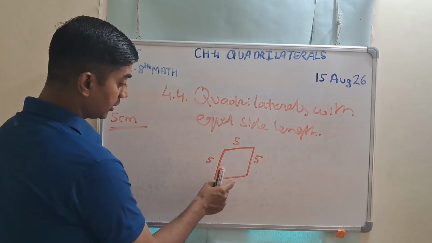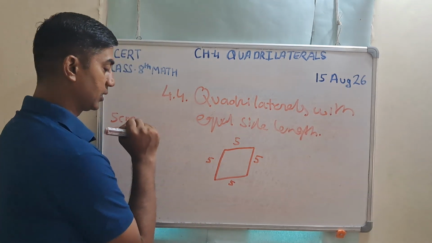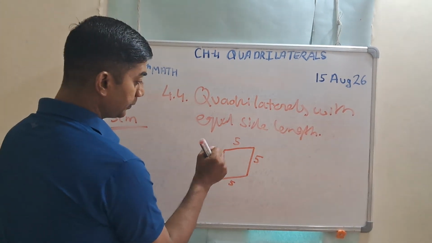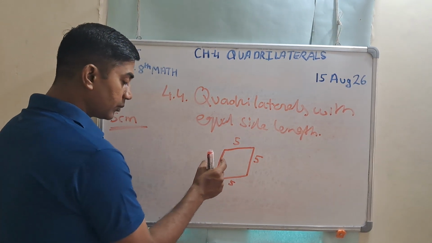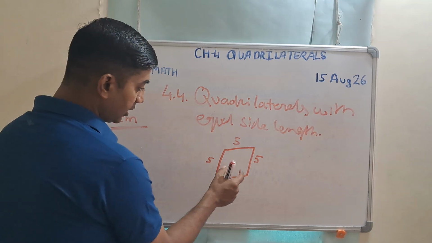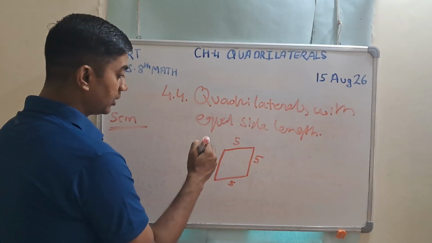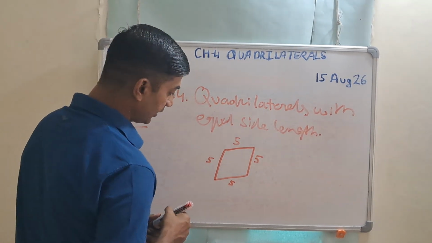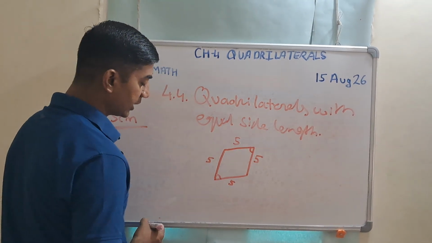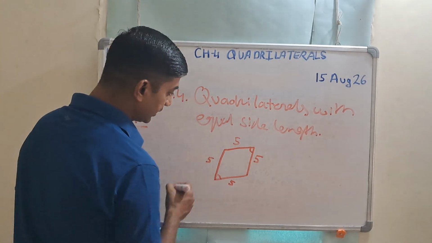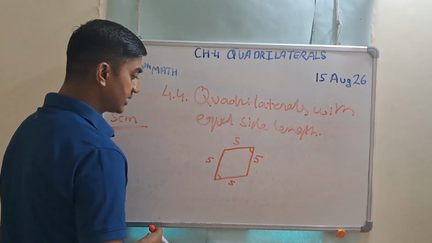It means that all the sides are equal. So this is a special type of parallelogram. Understood? This is a special type of parallelogram, means it fulfills all the properties of the parallelogram also, that opposite sides are equal and opposite sides are parallel. And if you prove the nature of this angle and this angle, you can easily prove that opposite angles are equal, just because opposite sides are parallel.